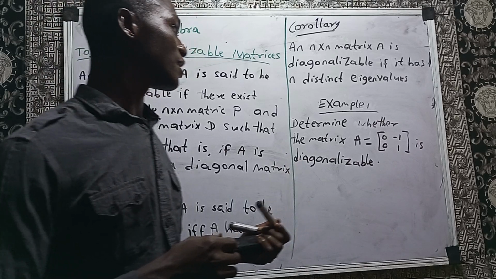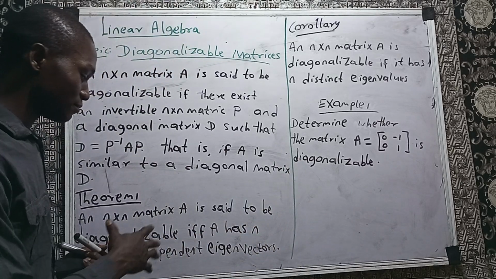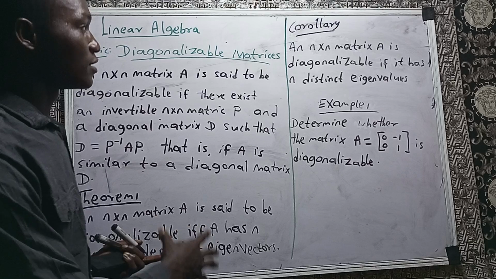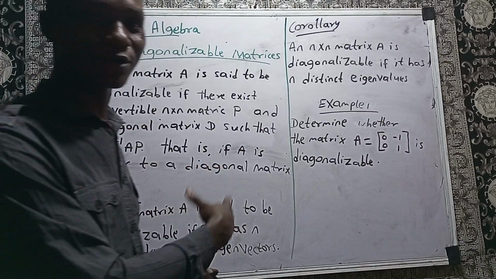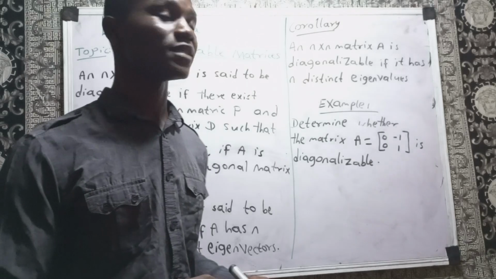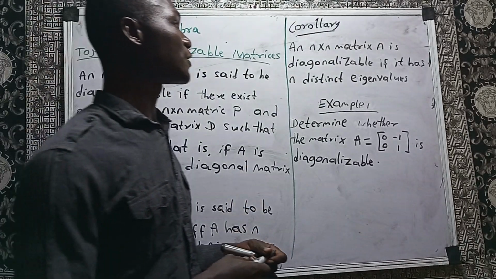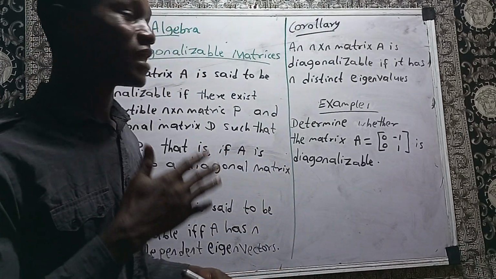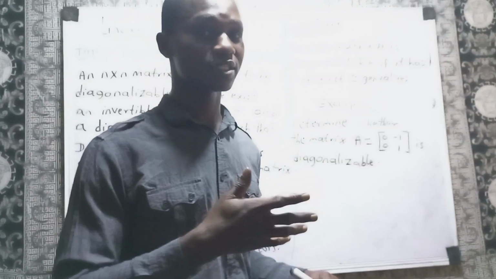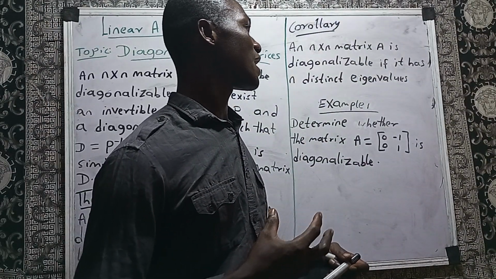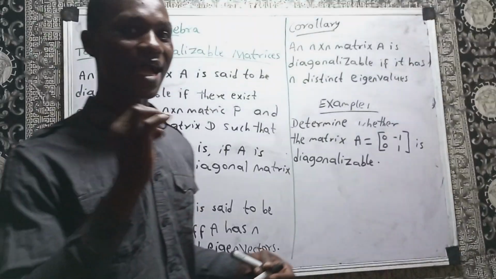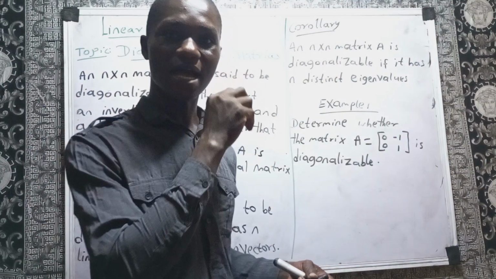Then we have a corollary. This corollary, I can say, is a close neighbor to the first theorem, right? Because this corollary is telling you that an n by n matrix, that is a square matrix A, is said to be diagonalizable if it has distinct eigenvalues.